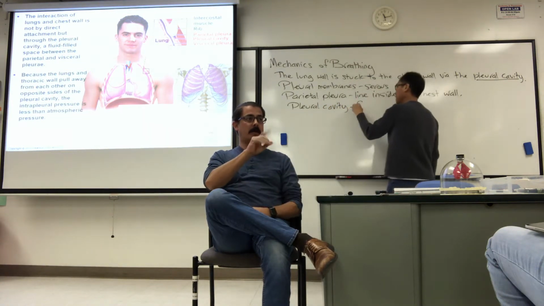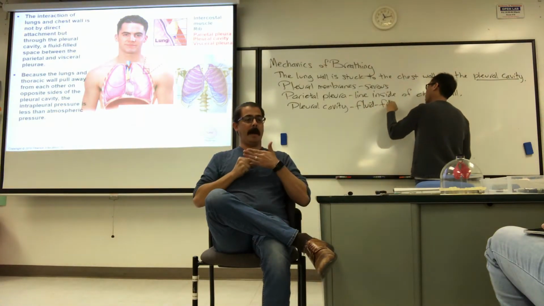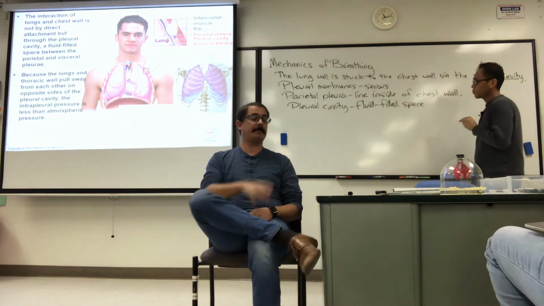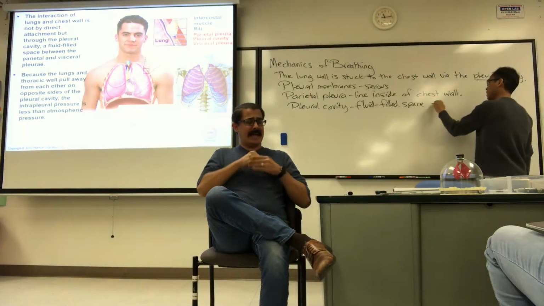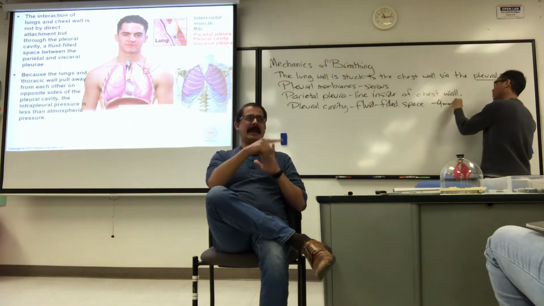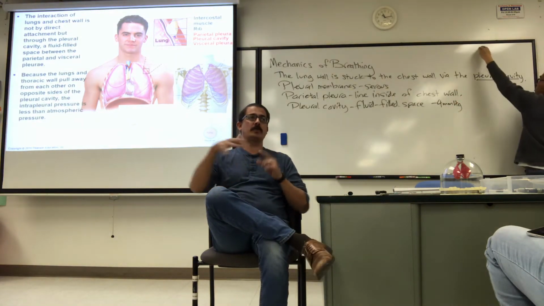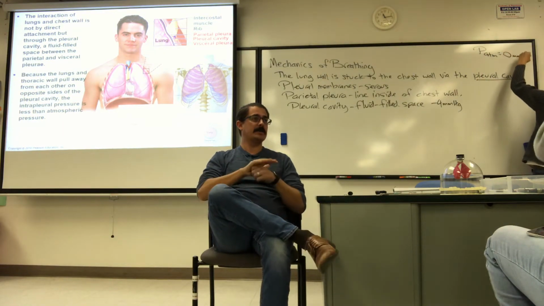The fluid-filled space, because the pleural membranes are serous. And if you were to measure the pressure inside that tiny slit, it's about -4 millimeters of mercury. It's a negative pressure relative to the atmospheric pressure, which would be 0 millimeters of mercury.